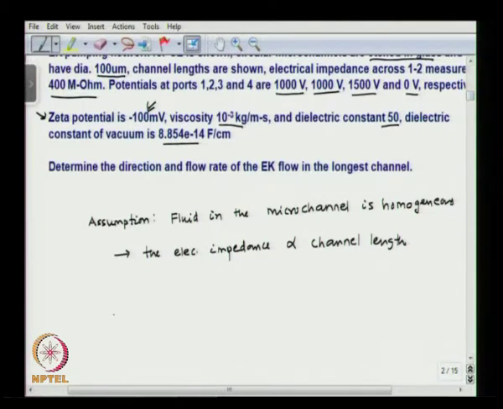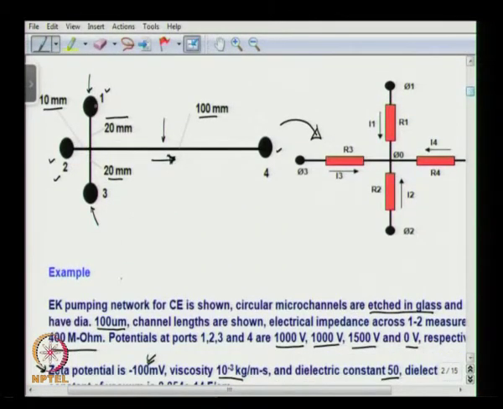Under that assumption we get R1 as 200 mega ohm, because we are measuring 1 to 2, so this is port 2, this is 3.